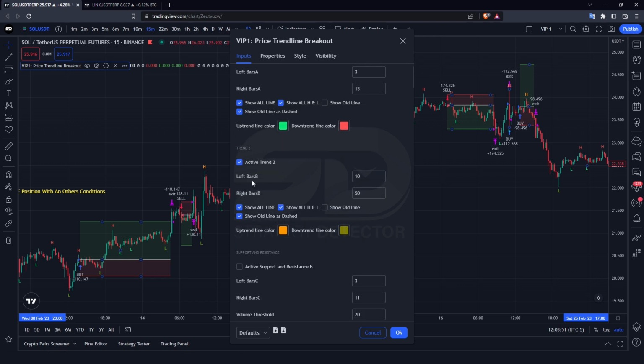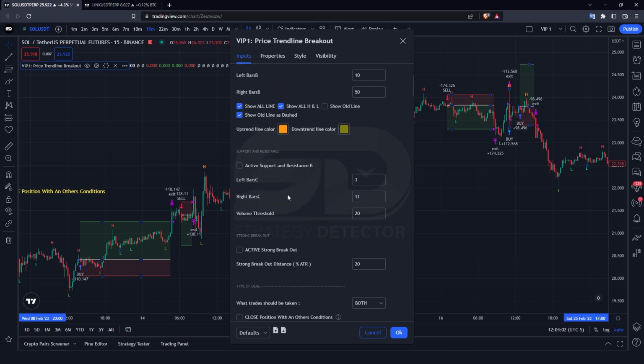Our second trend line identifies bigger pivots and creates bigger trend lines, then enters a position with that trend line breakouts. In this section, it identifies support and resistance lines and enters a position using these lines' breakouts.